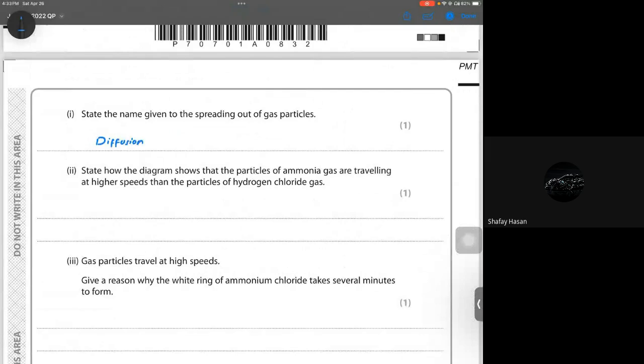State how the diagram shows that the particles of ammonia gas are traveling at higher speeds than the particles of hydrogen chloride. Of course, hydrogen chloride gas is HCl, and ammonia is NH3. So you can say that ammonia travels faster than hydrogen chloride.